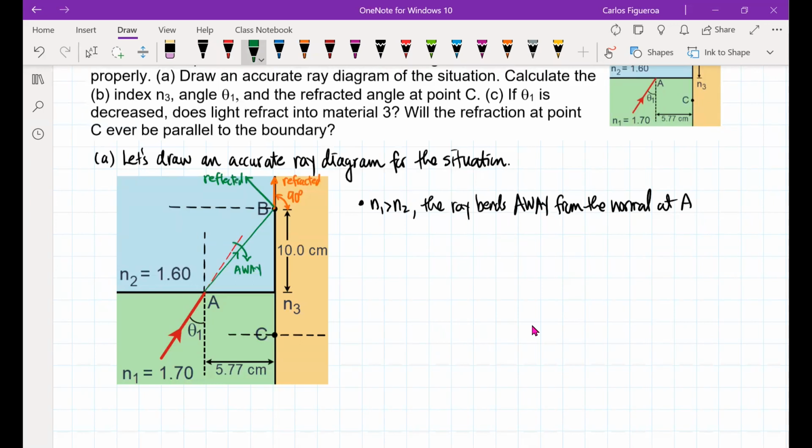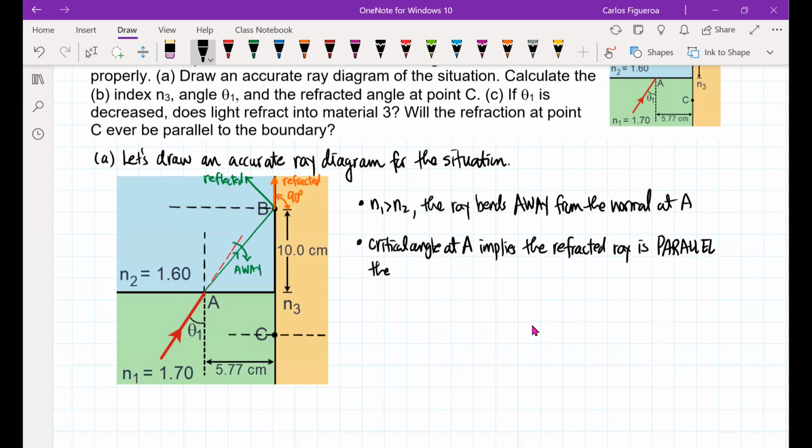So now let's look at this thing here. What am I seeing here? I have a critical angle at A, which implies the refracted ray is parallel to the optical boundary.